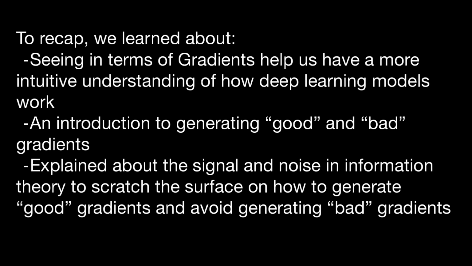In future videos, we're going to go more in depth about how state-of-the-art models and modern papers that produce state-of-the-art results actually target generating good gradients and avoiding bad gradients according to our framework.